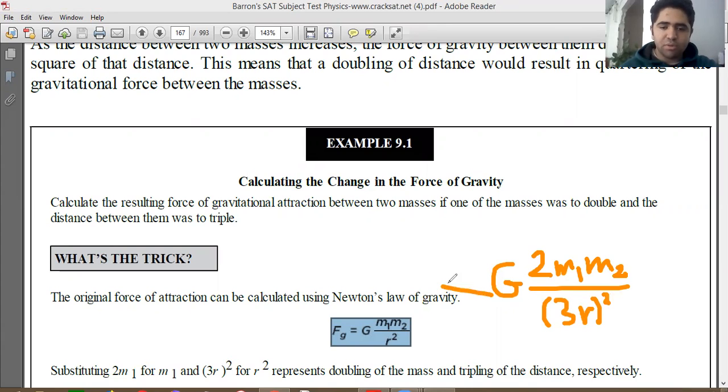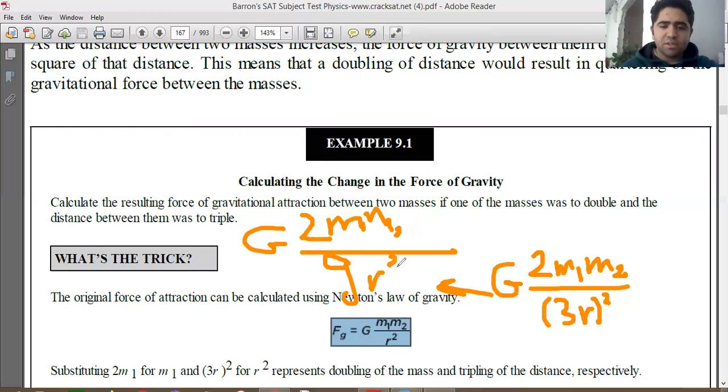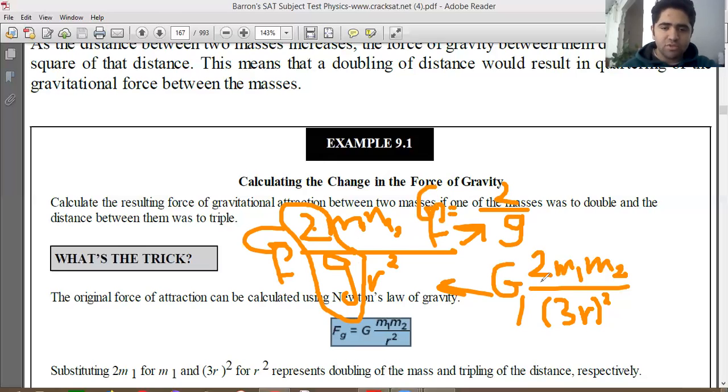That ends up with G times 2m1 m2 divided by, well, 3 to the power 2 is 9, so 9r squared. What you realize is this is the factor of increase. It's 2 over 9. So the new gravitational attraction force is going to be 2/9 the old gravitational force. So this is Fi and this is Ff: Ff is equal to 2/9 of Fi.